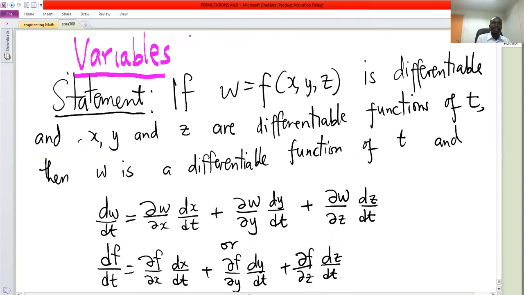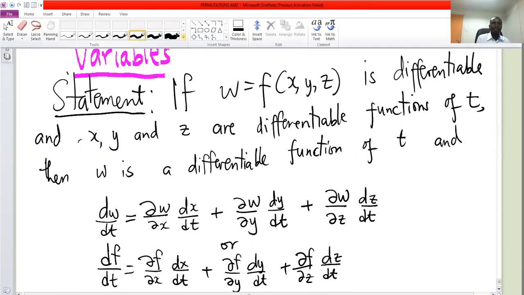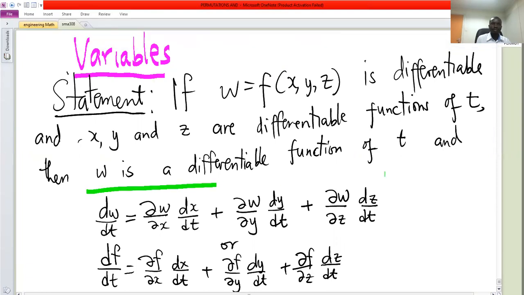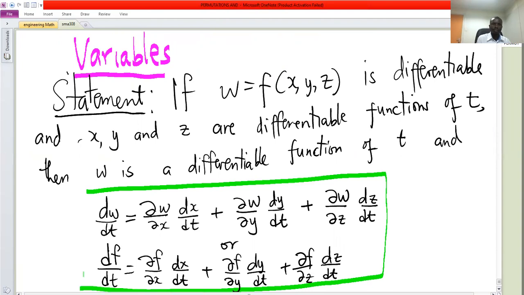So this is the second chain rule. We'll call this one 2.